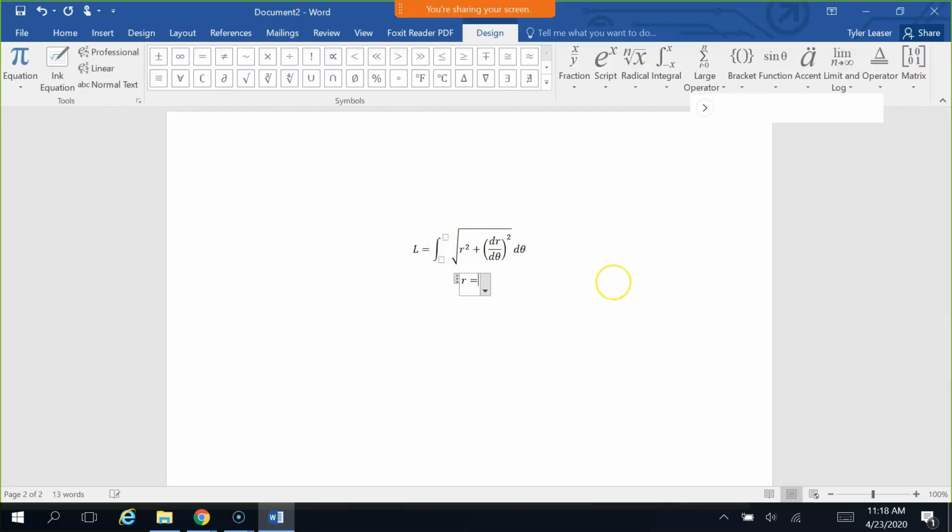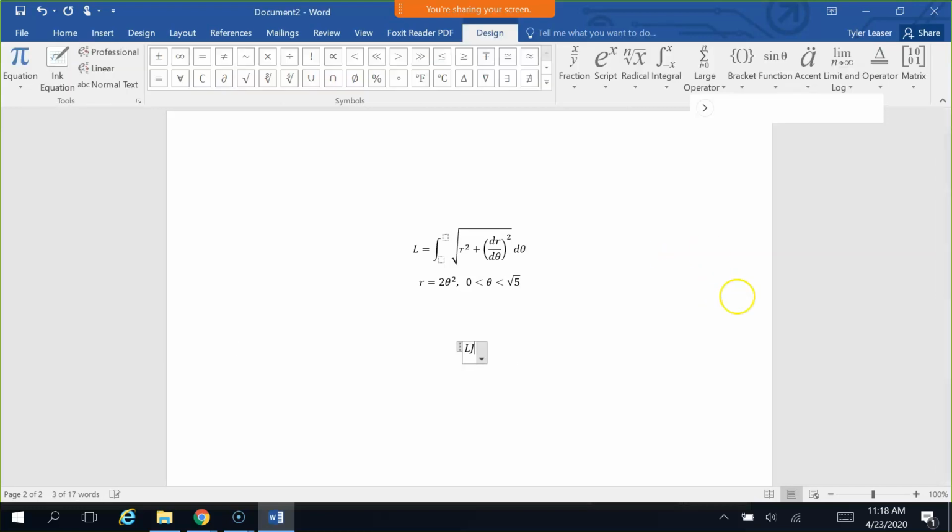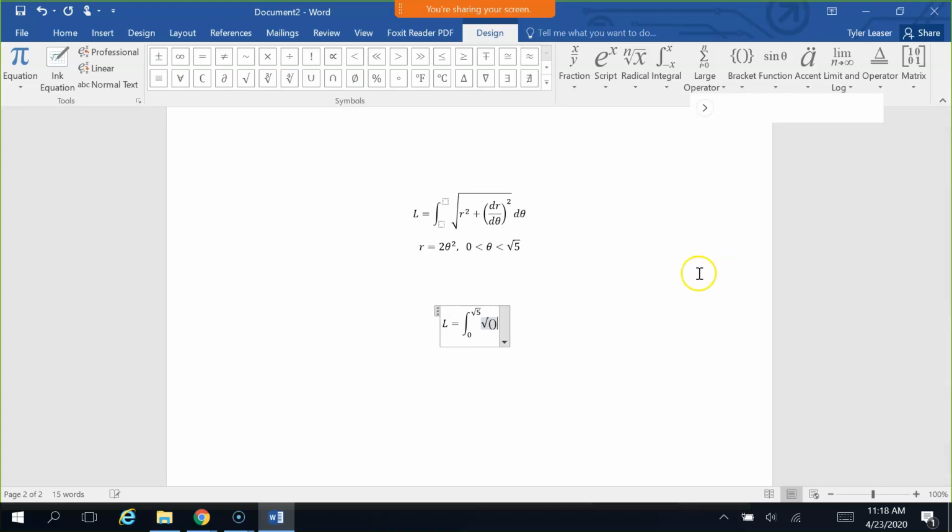So just going back, remember that the formula that we had for our question was 2 theta squared, where our theta is going from 0 to square root 5. All right, so plugging that in, our arc length is going to be the integral from 0 to square root 5 of the square root of, so the r squared, that's going to be that 2 theta squared all squared, plus the derivative of r squared.